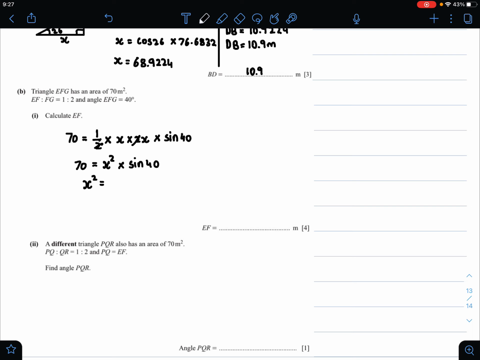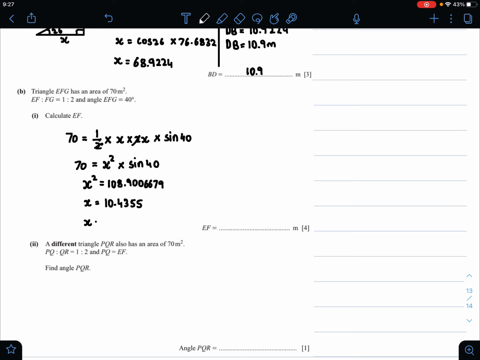So sine 40 is equal to 0.6427, and 70 divided by that will be equal to 108.9006679. And now to find x, we need to take the square root of this answer. So the root of 108.9 is equal to 10.4355.